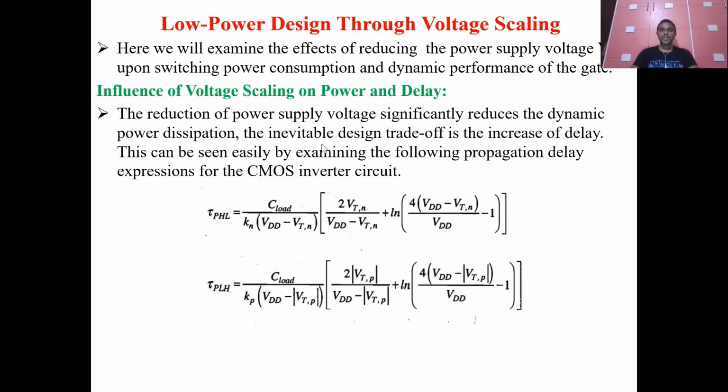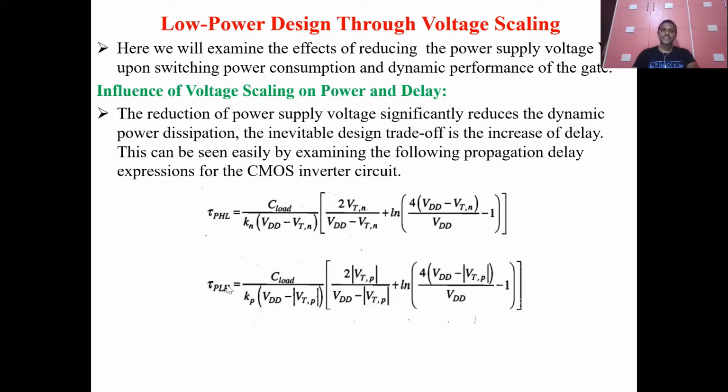An inevitable design trade-off is the increase of delay. This can be seen easily by examining the propagation delay expressions for a CMOS inverter circuit, whenever it is switching from higher to lower, logic 1 to logic 0, or from logic 0 to logic 1.